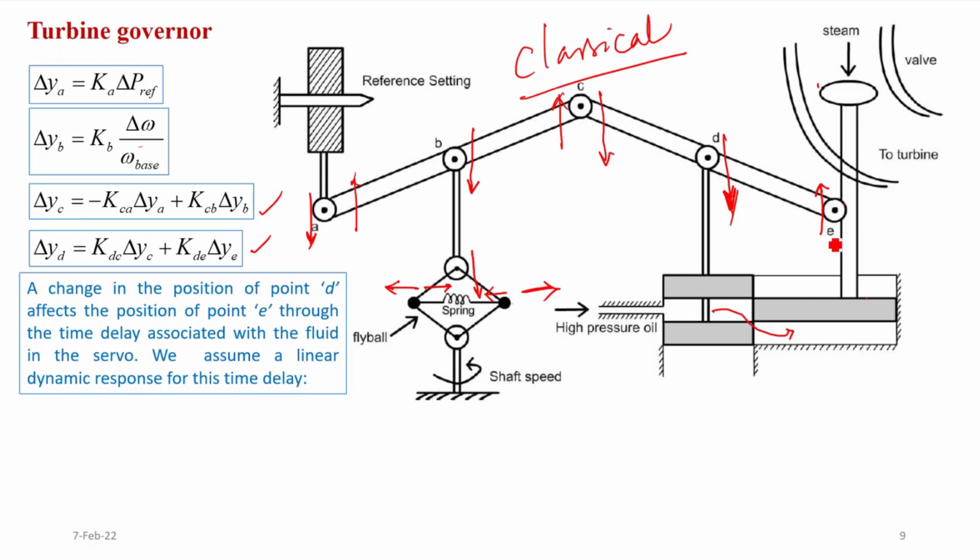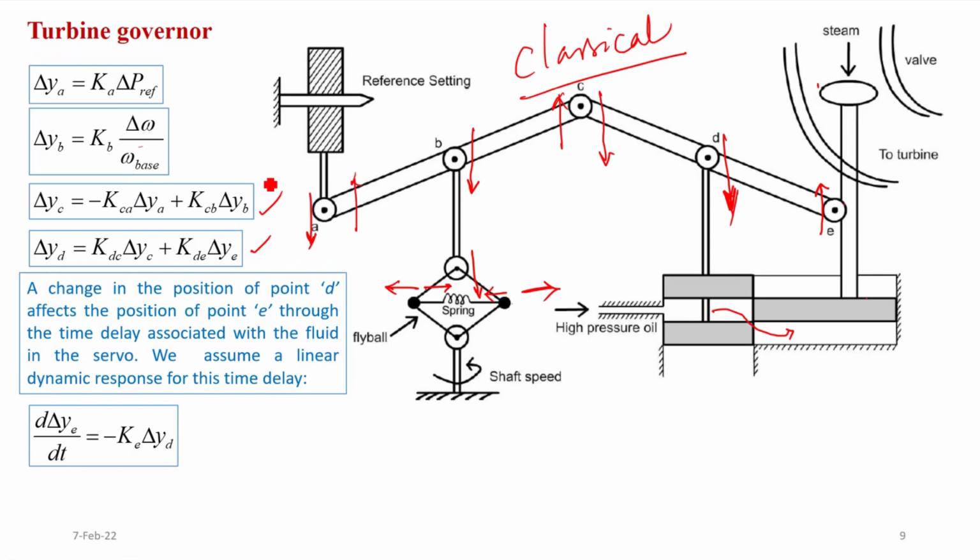That means your point E position is depending on point D in a reverse way, but with a time delay. And that time delay, we can model with a differential equation. So I can write it with constant Ke: d/dt of delta Ye equal to minus Ke delta Yd.